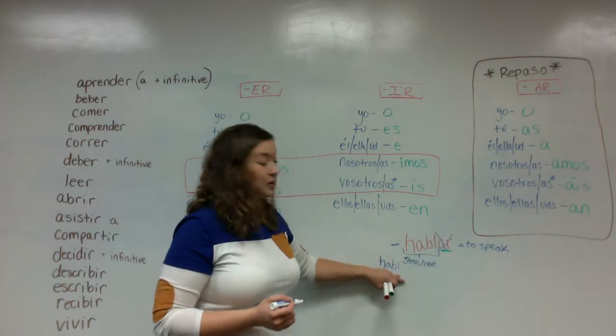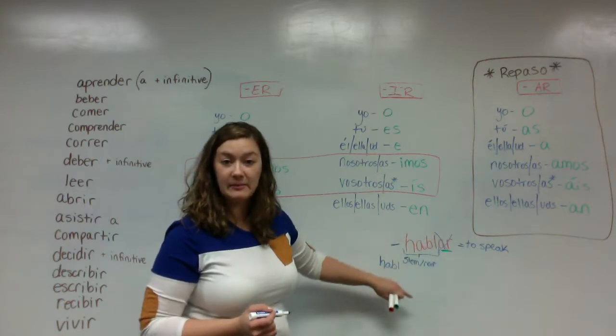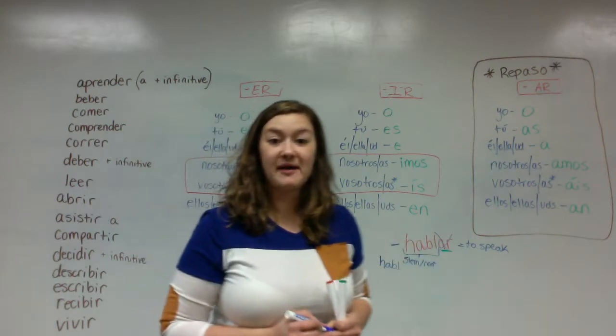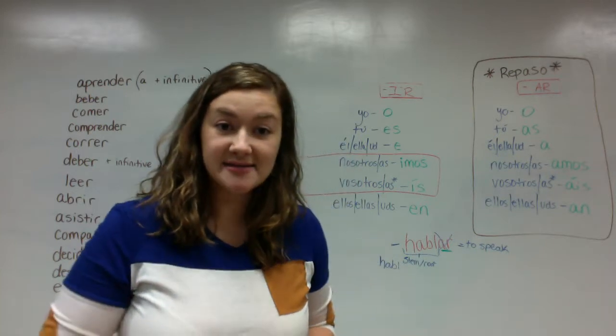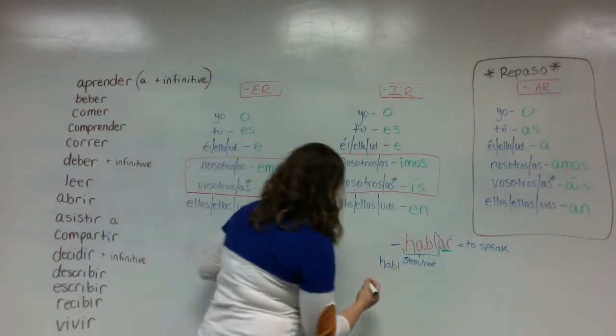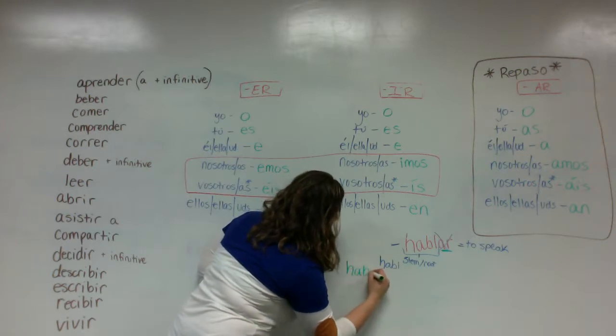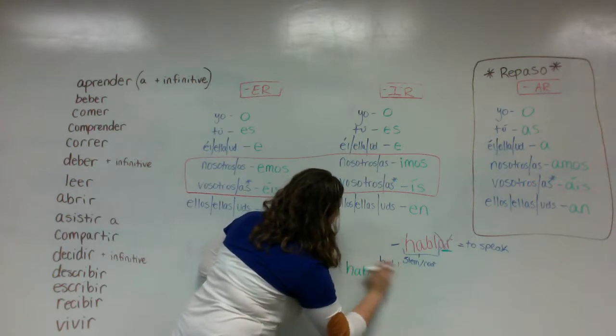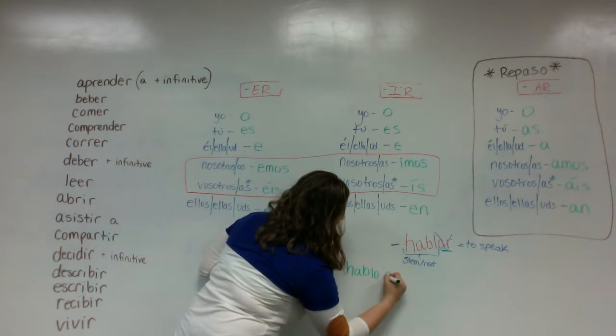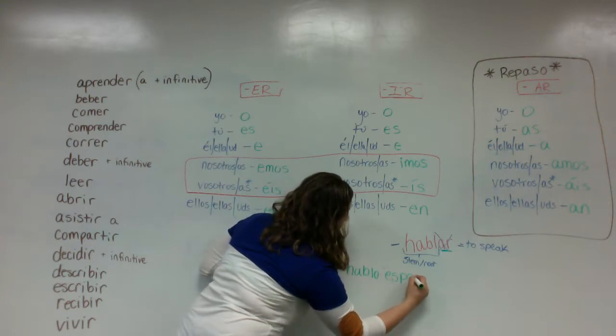So I drop my AR and I add those endings: O, so hablo, hablas, habla, and so forth. So if I wanted to say I speak Spanish, I would say hablo español.